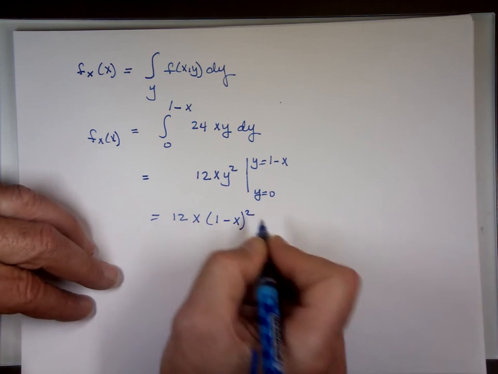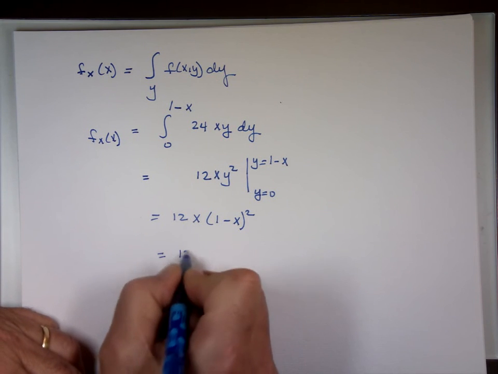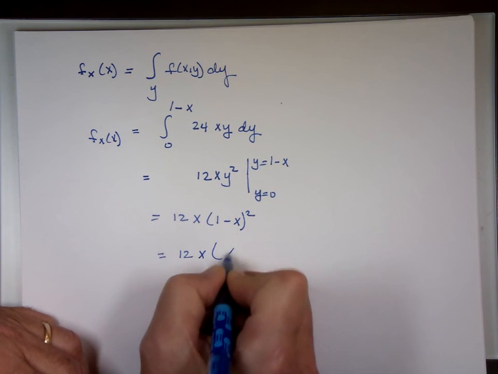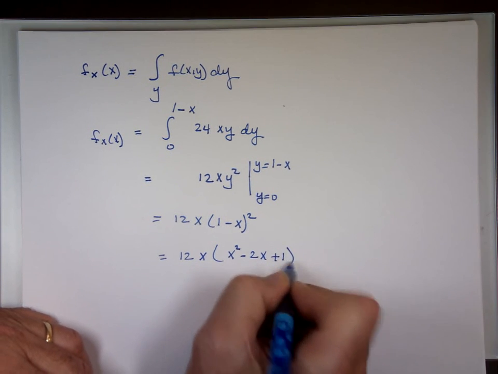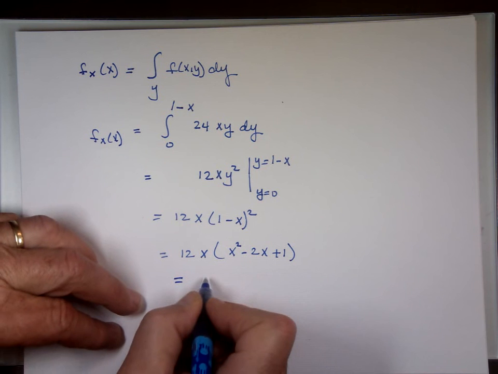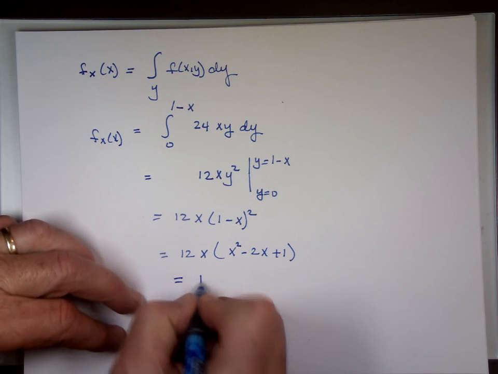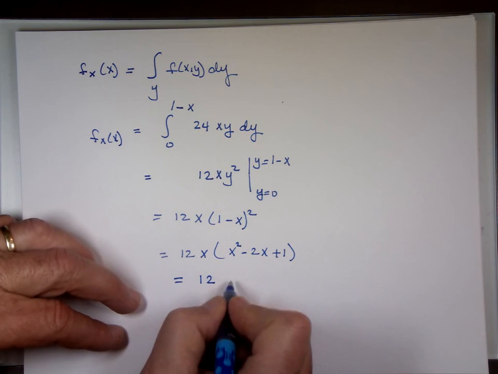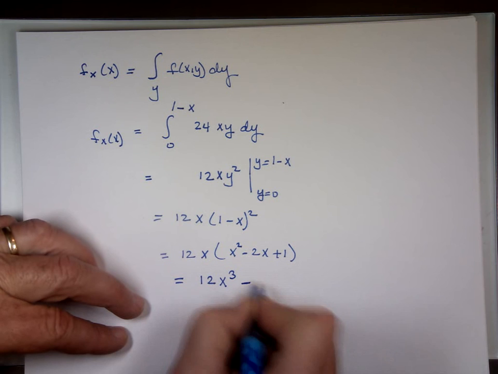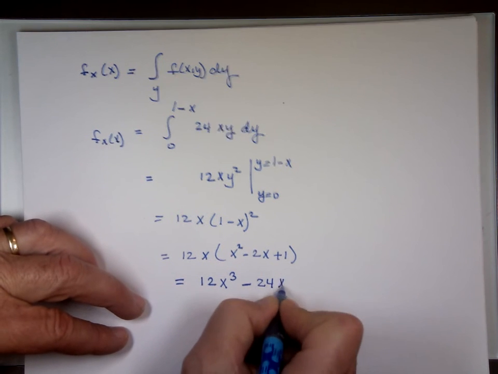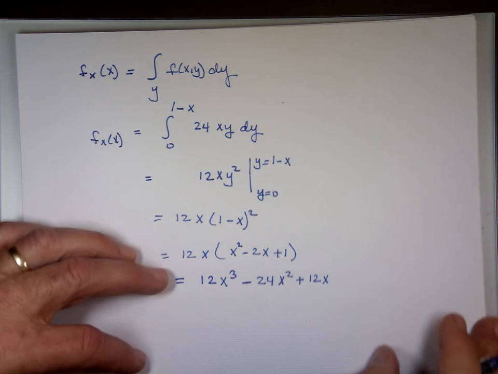And that'll be x squared minus 2x plus 1 multiplied by 12. I'm going to write the whole thing as 12x cubed minus 24x squared plus 12x, as x goes from 0 to 1.